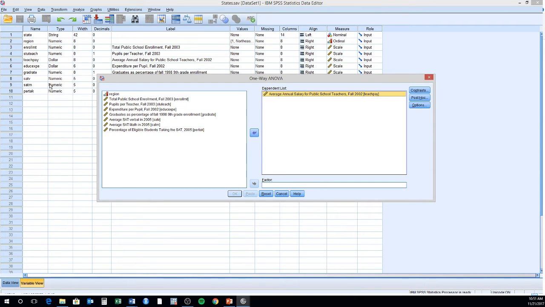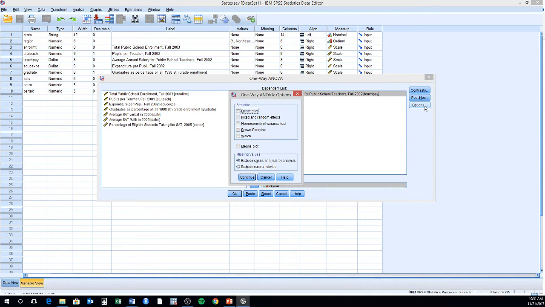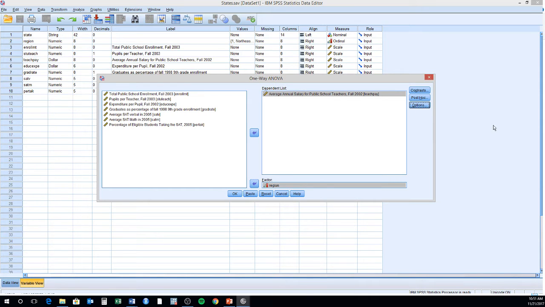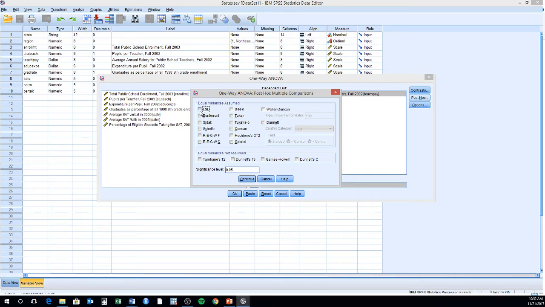The grouping variable in this case is going to be the regions. It's useful to click on options and ask for the descriptives, and always click on post hoc and click on LSD, assuming that it will allow me to do that.